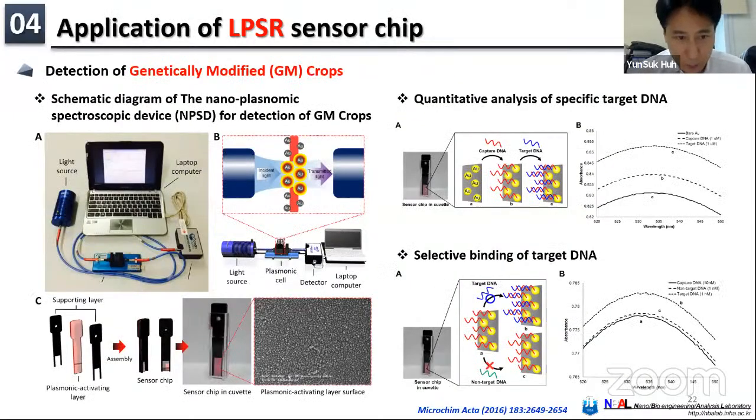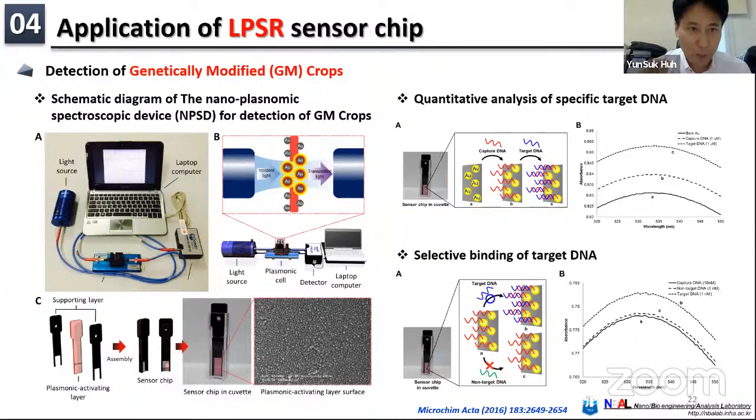We also keep trying to integrate all components into portable sensor technologies. This slide shows that we partially integrated all components: light source, sample holder, and detector parts, so we can assemble everything. And it's not at the small molecule level, but at the DNA level that we tried to see whether our LSPR sensing technique works well.